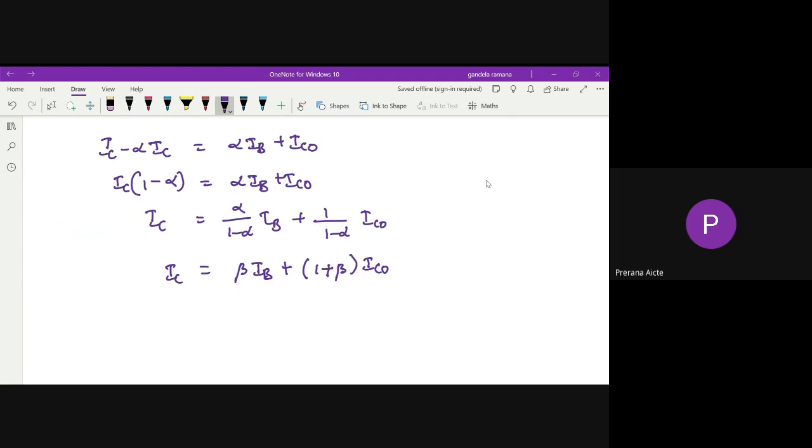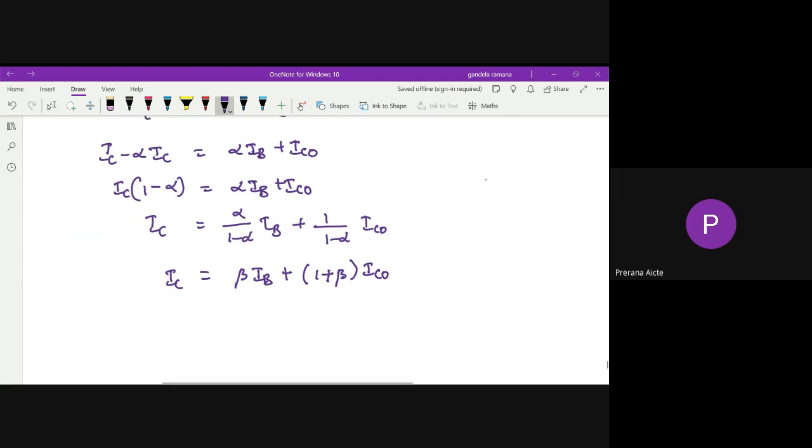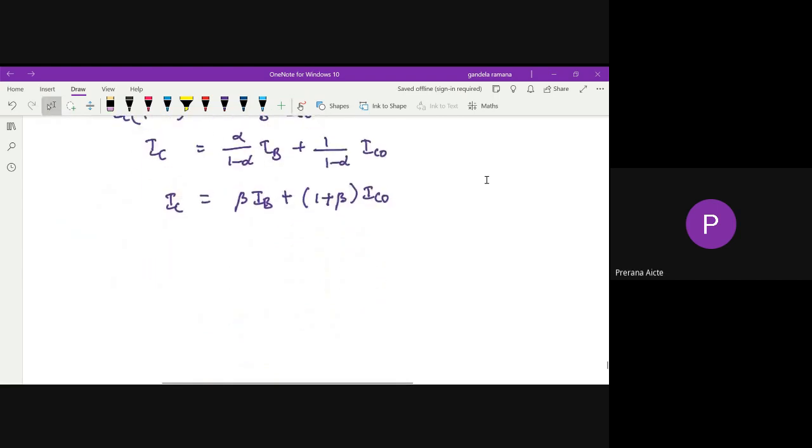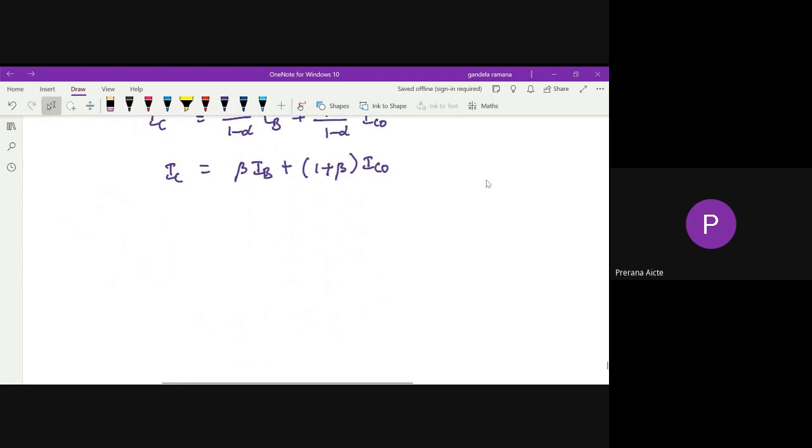So we observe that ICEO is equal to 1 plus beta times ICBO. ICBO is nothing but ICO, whichever notation, both are the same in CB. So in CE, the reverse saturation current is more than the CB reverse saturation current.